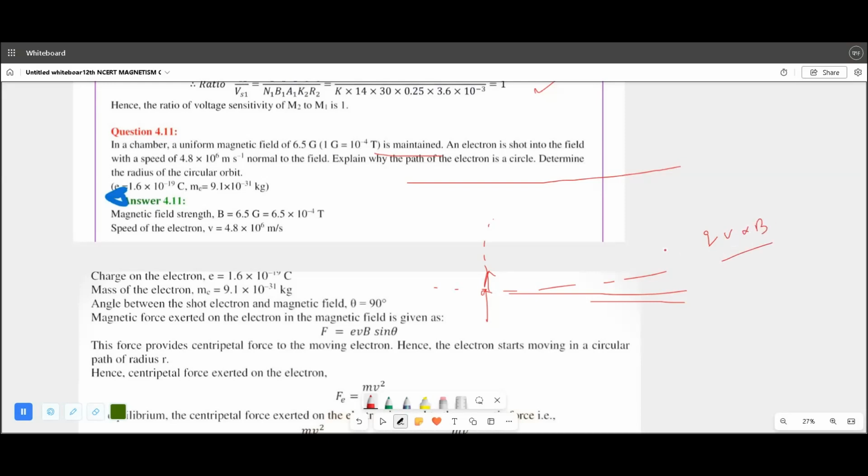So force is equal to Q V cross B. Magnetic field is uniform. They are not saying the direction of the field. Whatever, the magnetic field may be inside the page or outside the page, and velocity, as you see, is in the y direction. So obviously the resultant force will be perpendicular to both the velocity and the magnetic field.